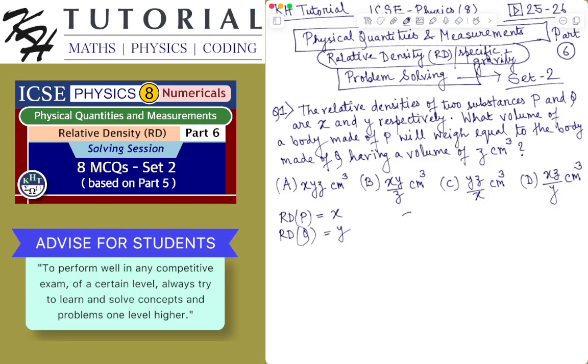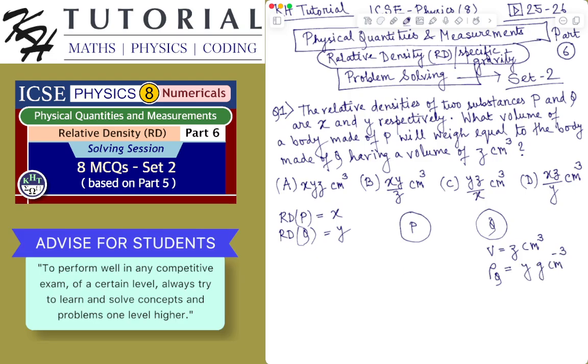So if we consider, let's say this is the body made of P and this is the body made of Q. The volume of the body made of Q is given to be Z centimeter cube, and the relative density of the substance Q is Y. So we can say that the density of the substance Q will be Y gram per centimeter cube.